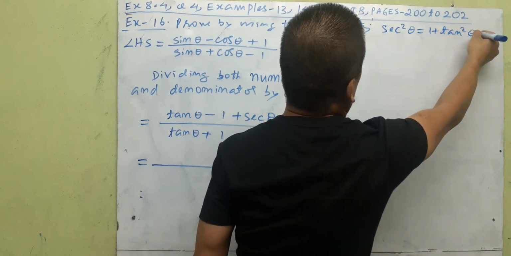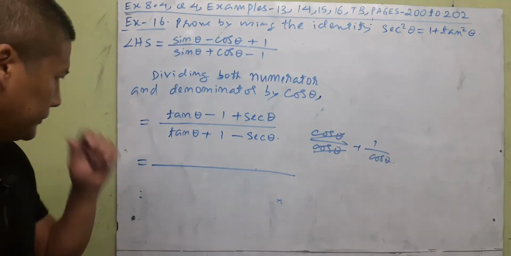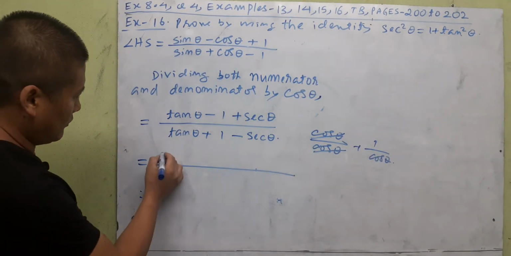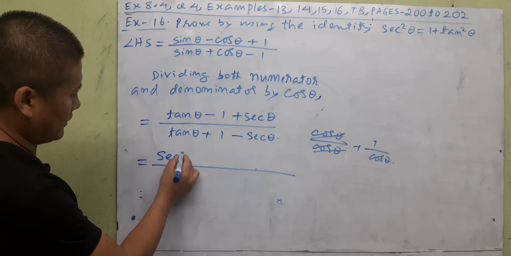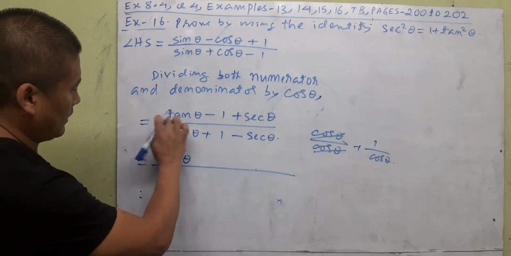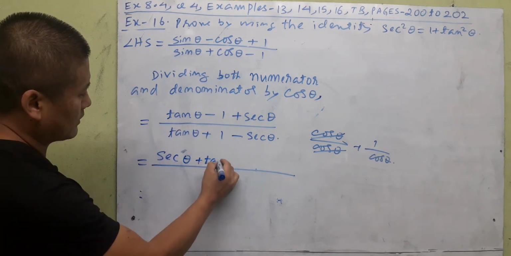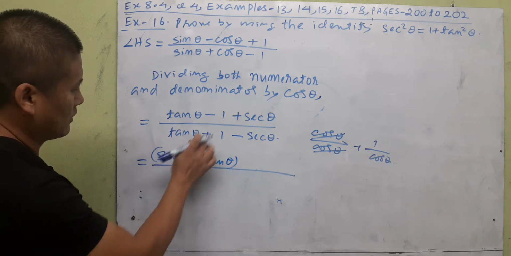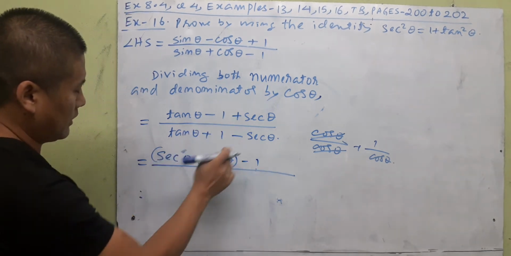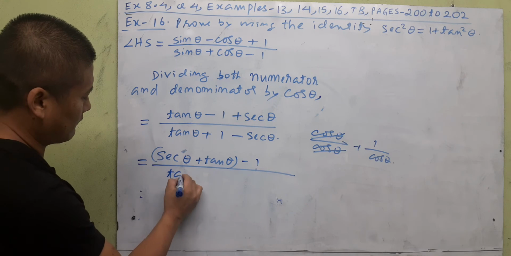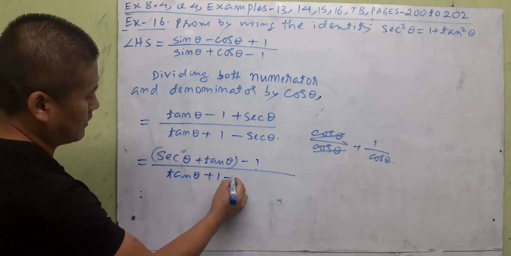We know this formula, then we have to use only this formula. So here, for that, let us do here sec theta, this one, and then here no sign means plus tan theta. Let us put it together, and here minus 1. Likewise, this one too, we just keep it for the time being, don't touch. Same thing.